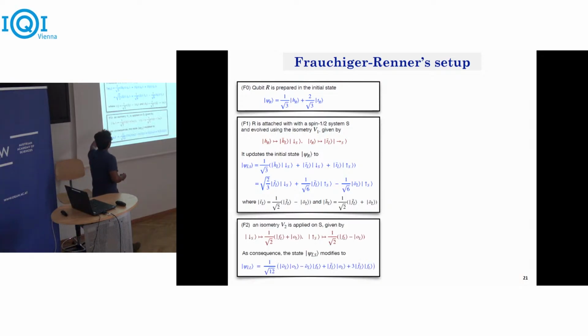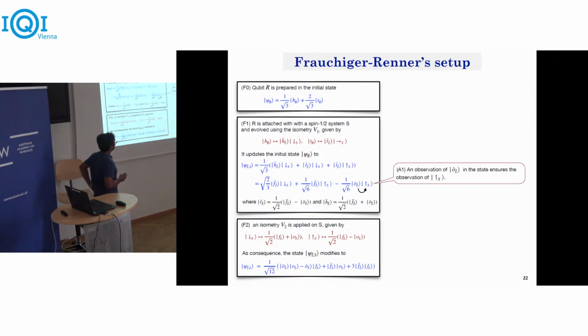And then finally you apply an isometry on this particular state where it just changes the S part to this form. It's again some kind of a plus and minus state, so that the final state is written in this form. Well, I know that it's not very easy to really follow all these things, but for the time being, just rely on me that these are the states after you do all these transformations, okay?